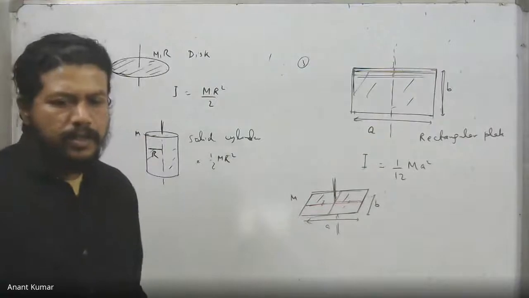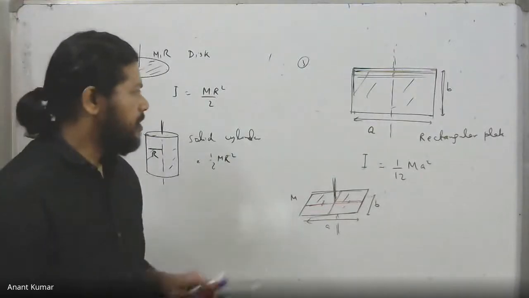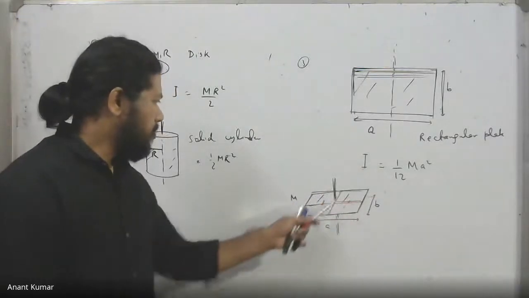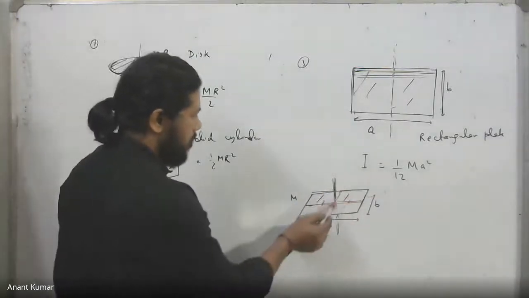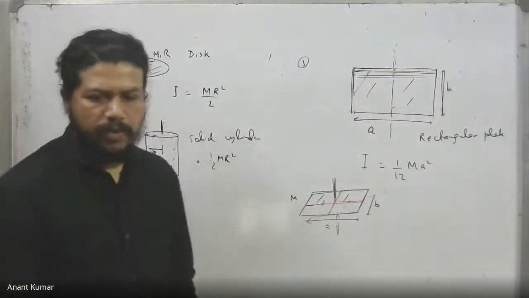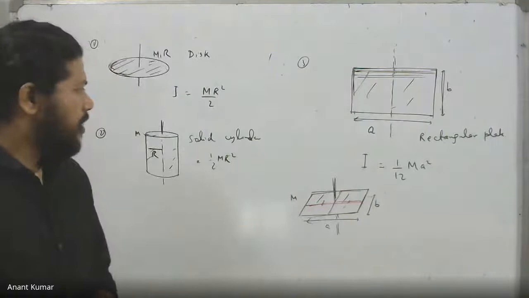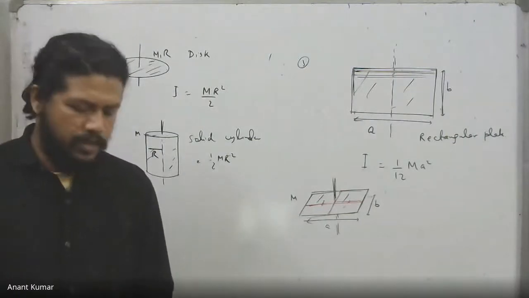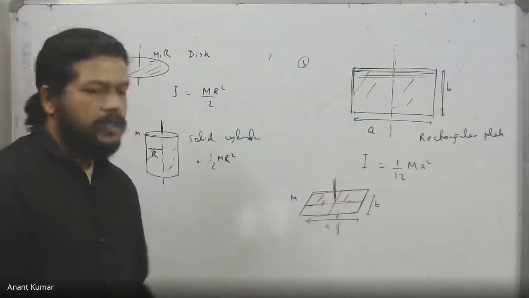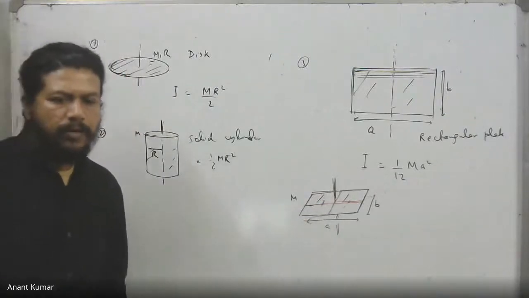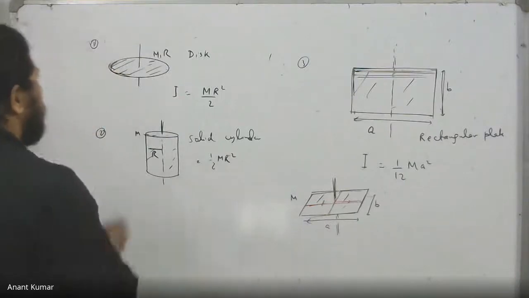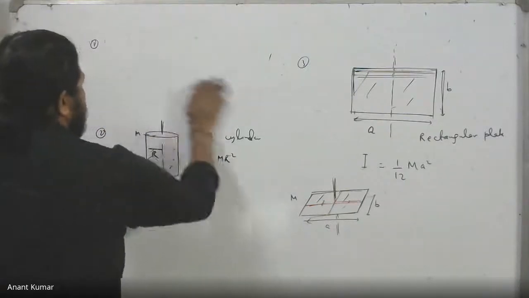We have just calculated these: m a square by 12 is about one axis, and m b square by 12 about the other. That is why we can just add them up to get the moment of inertia about the perpendicular axis, which will be 1 by 12 times m a square plus m b square.